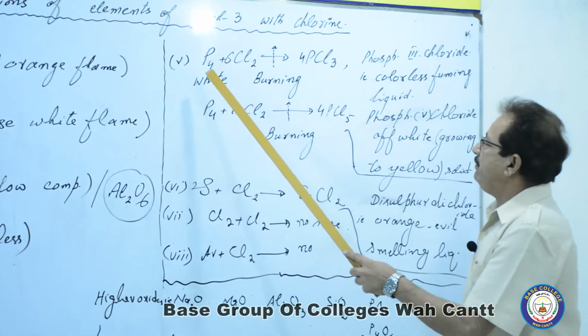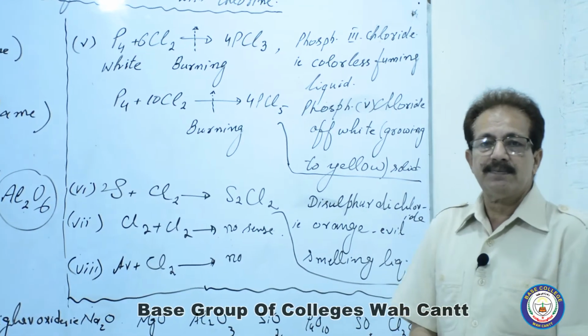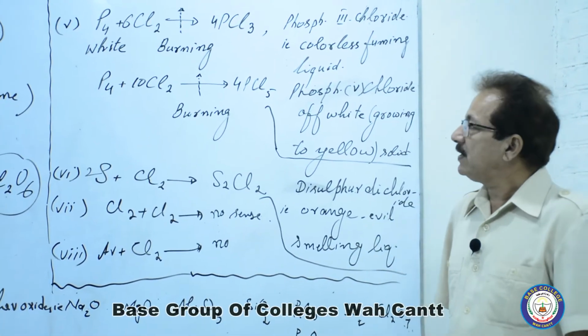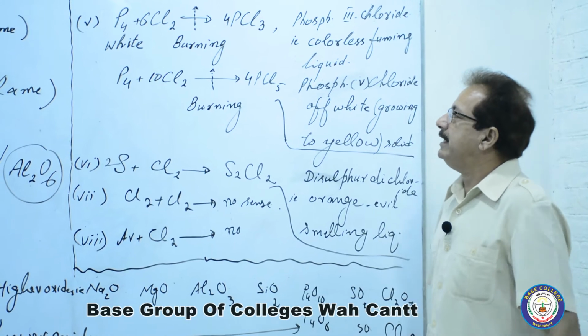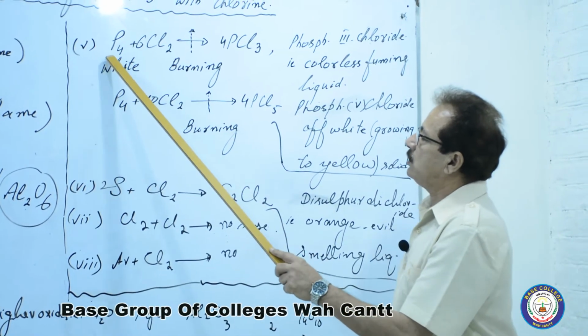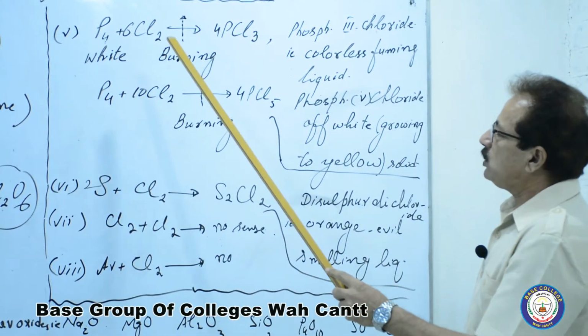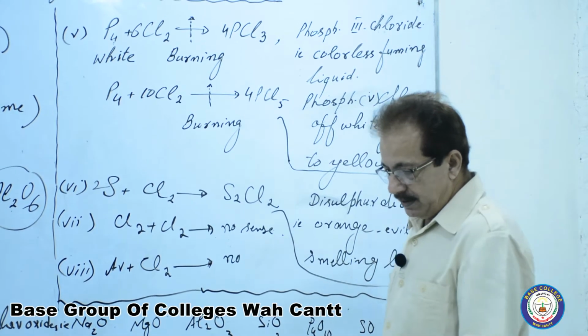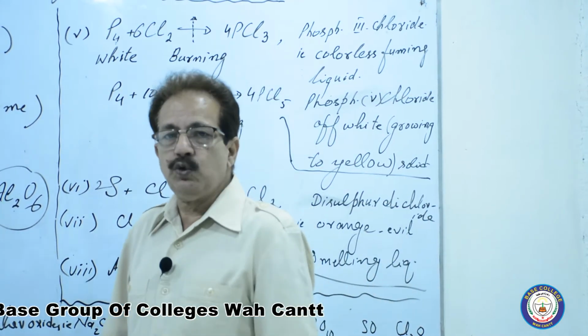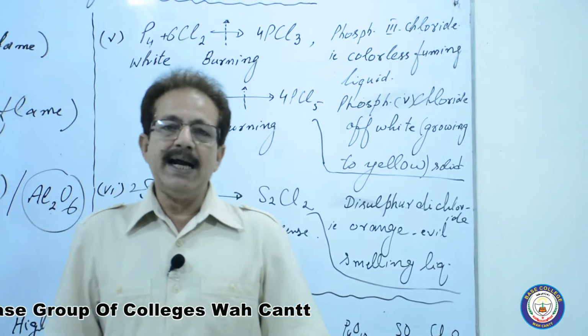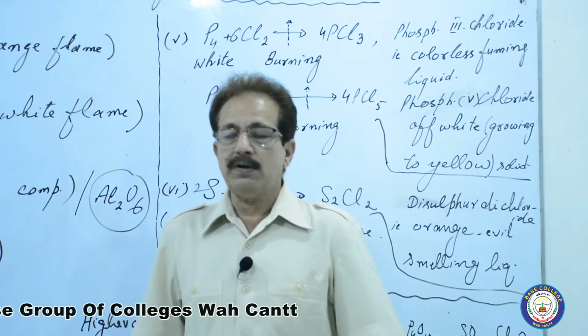Now number 5, phosphorus. The 5th element of the 3rd period, that is phosphorus. Phosphorus P4. Phosphorus is usually in the form of tetraatomic molecule P4.